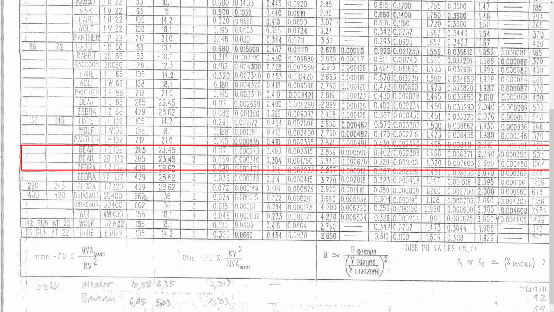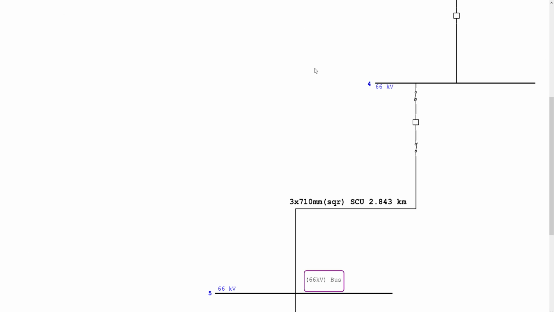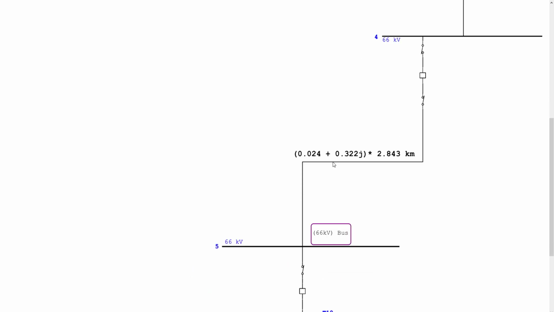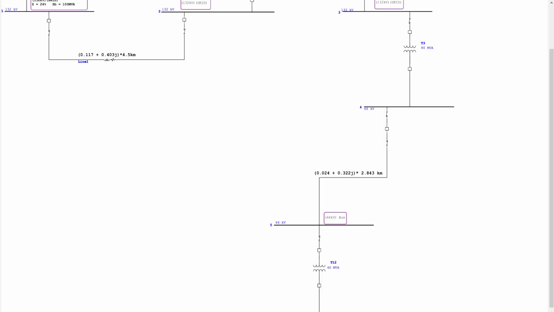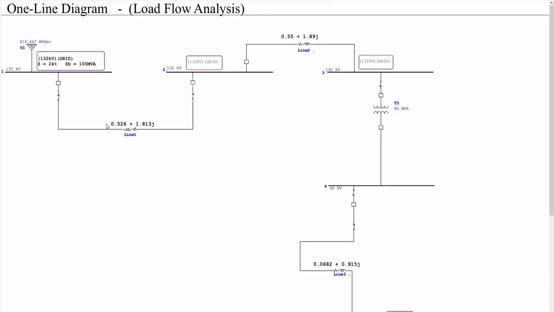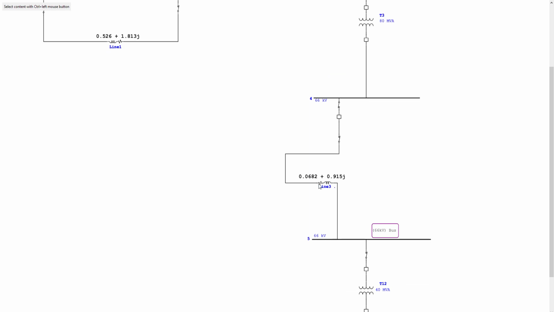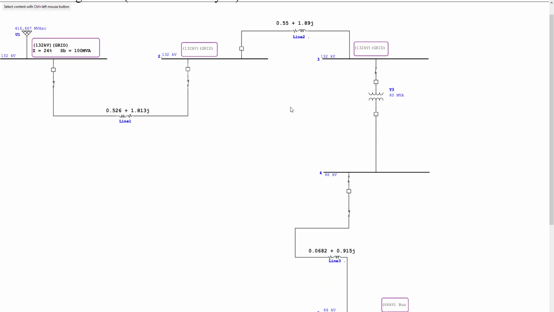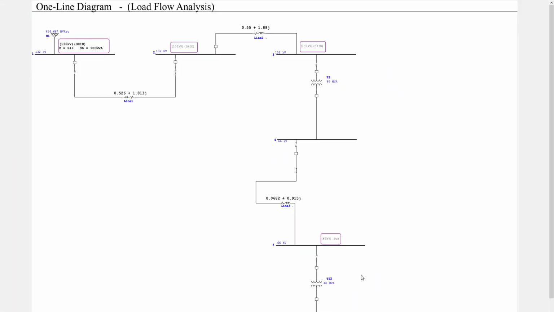We found that the 662 is close enough, so we take the values from that and replace, and we get this impedance here. When we multiply it, we get this impedance here. This is now the final impedance value for this transmission line, and this one as well, because we've now multiplied it by the number of kilometers.